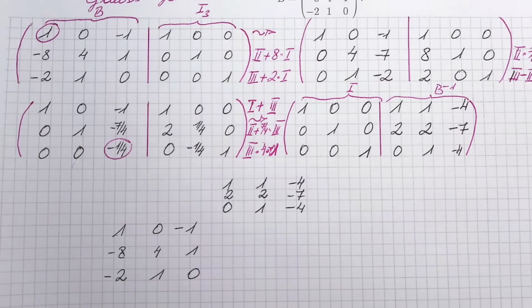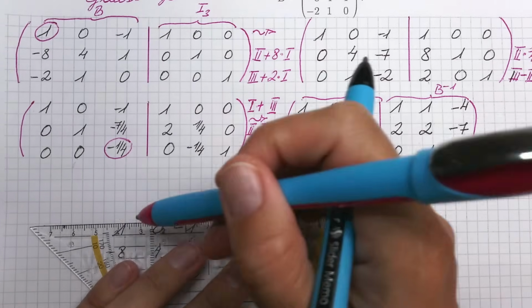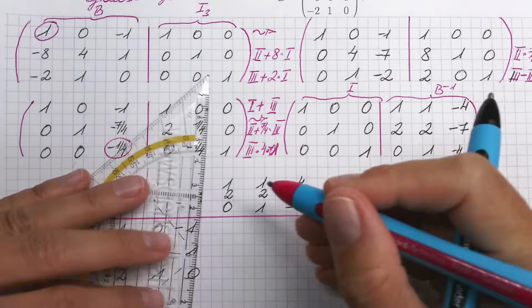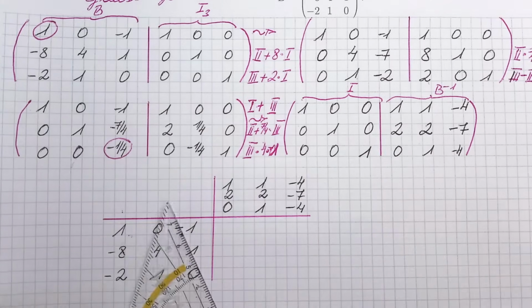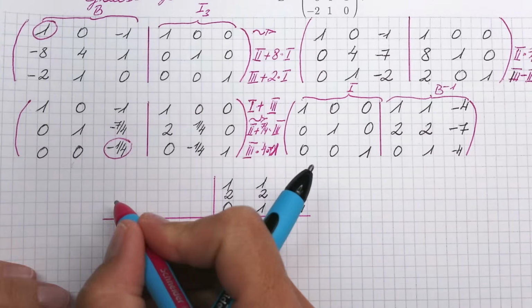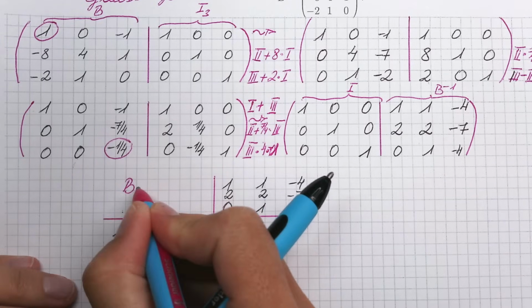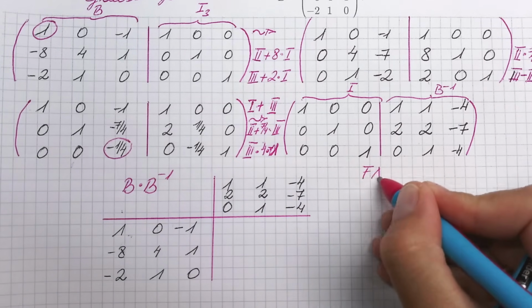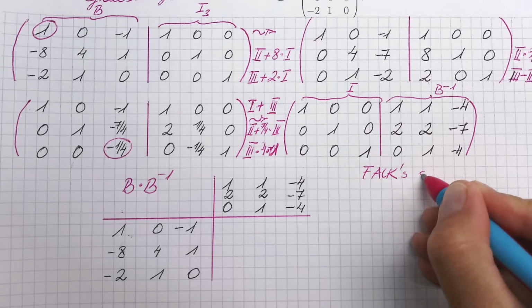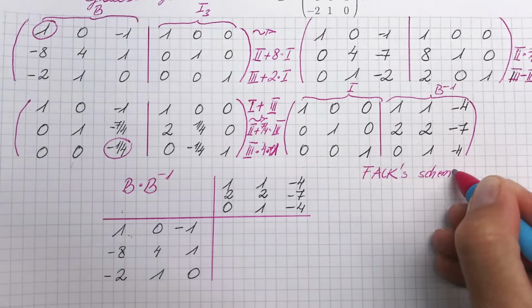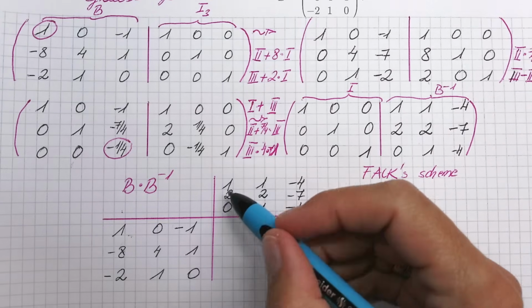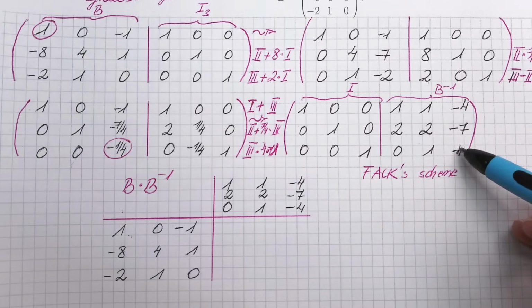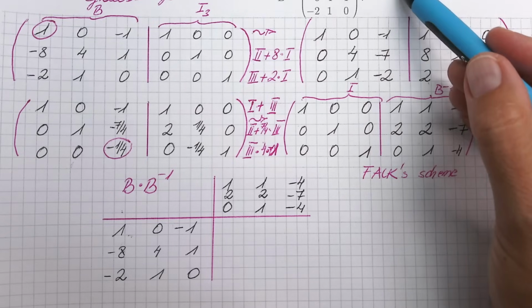Yeah, so we can still see this nicely. And this is what we're going to do. We are applying Falk's scheme. We are calculating B times B to the power of minus 1. And we use Falk's scheme to do so. Okay, that's just to prove that this is really the inverse of matrix B.